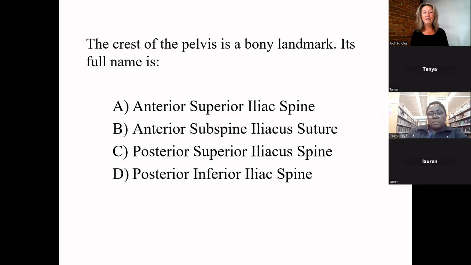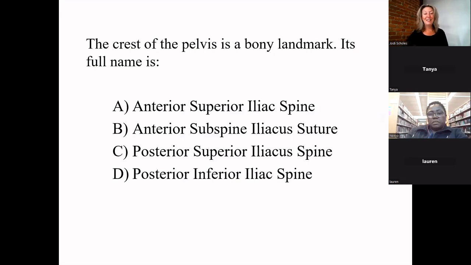B, the anterior subspine iliacus suture. C, the posterior superior iliacus spine. Or D, the posterior inferior iliac spine.